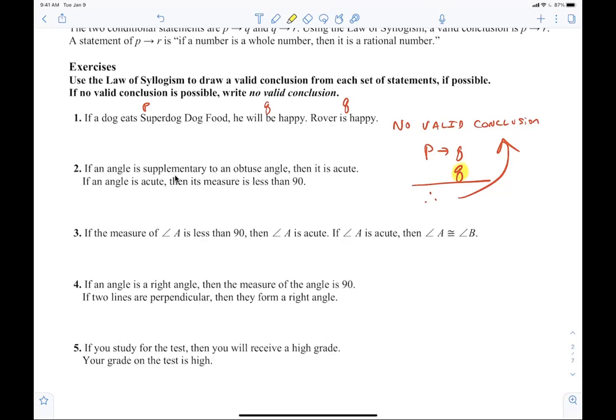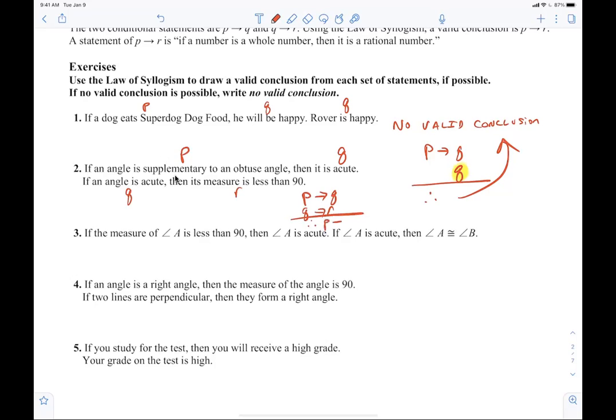Okay, so here we go. Help me. If an angle is supplementary to an obtuse angle, then it is acute. If an angle is acute, then its measure is less than 90. Simple. So you can write P to Q, Q to R. Therefore, we can conclude what?